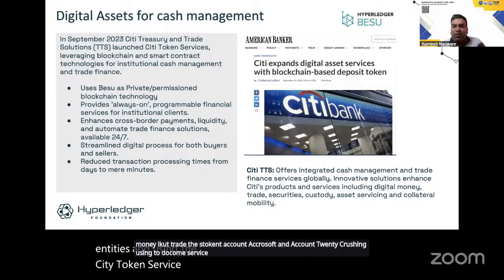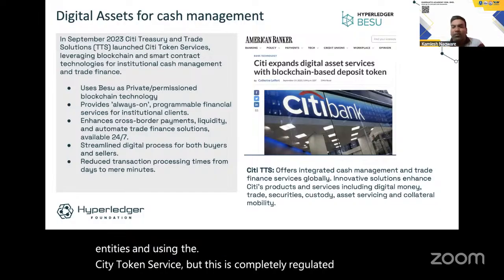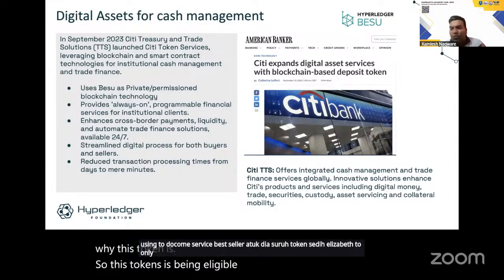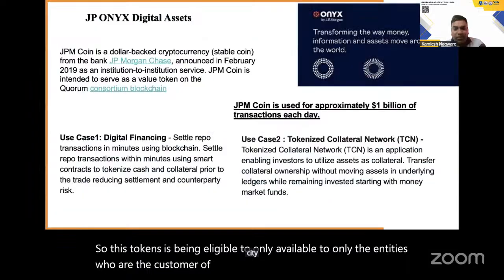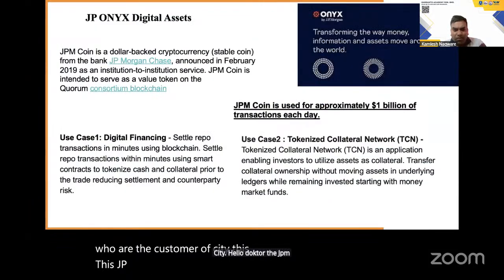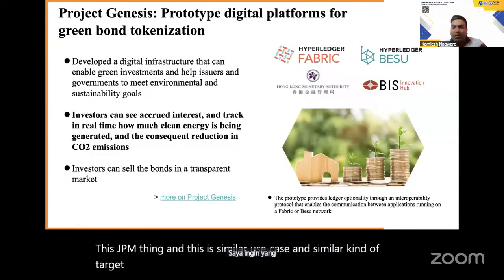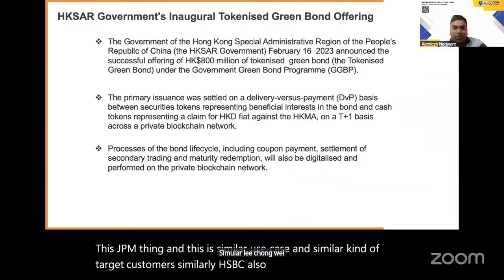But this is completely regulated, so these tokens are only available to the entities who are customers of Citi. The JPM offering is a similar use case with similar target customers. Similarly, HSBC also has one, but I have not mentioned it here.